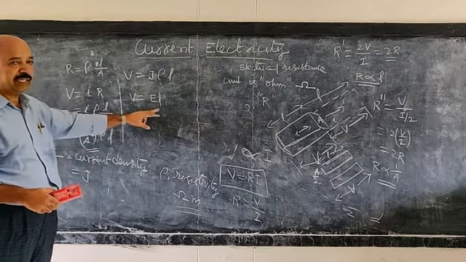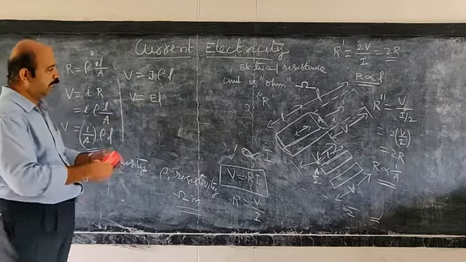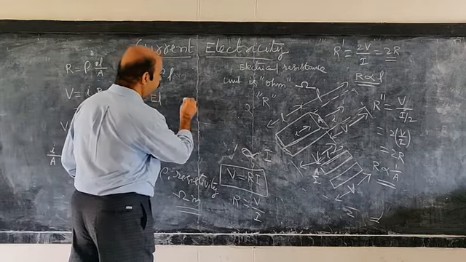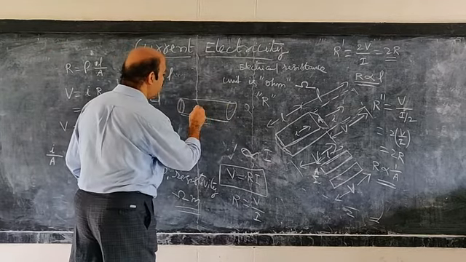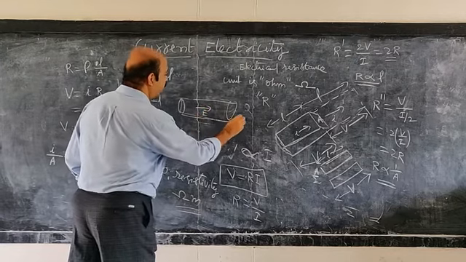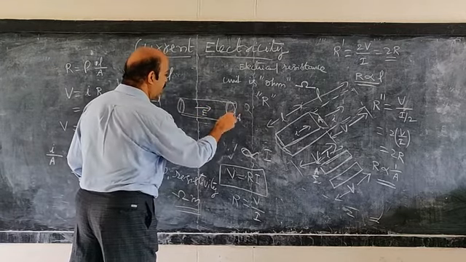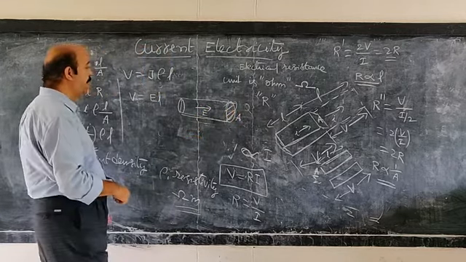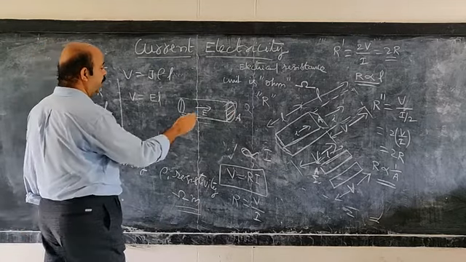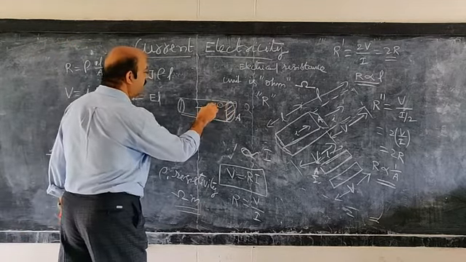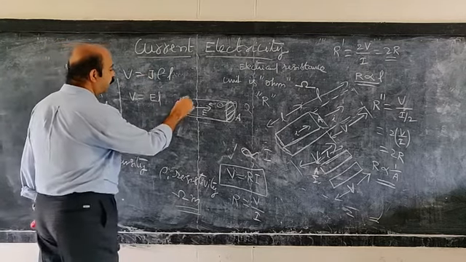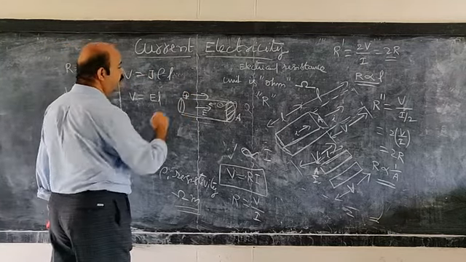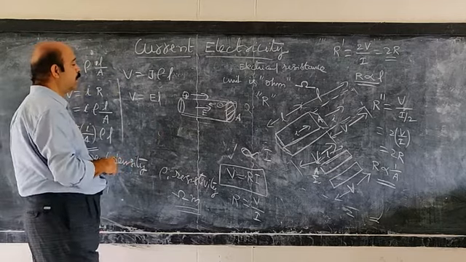Therefore V is equal to E into L, where L is the length of the conductor. Here you consider a conductor now. So this is a conductor, you apply an electric field. Let us consider the area of cross section of this conductor is A, and the electrons are flowing like this. So an equal amount of positive charge may be considered flowing in the opposite direction.